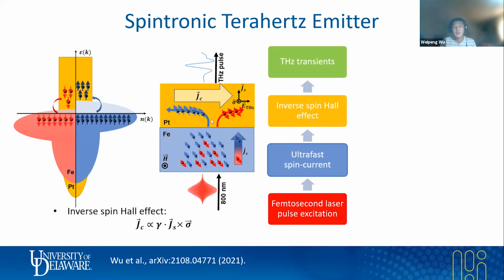So basically, we can play around with the spin current source as well as the spin to charge converter. Like here we are showing platinum as the spin to charge converter. Later we can probably use any material with a larger spin Hall angle. That would be a possible direction. Okay. Thank you, Weipeng.